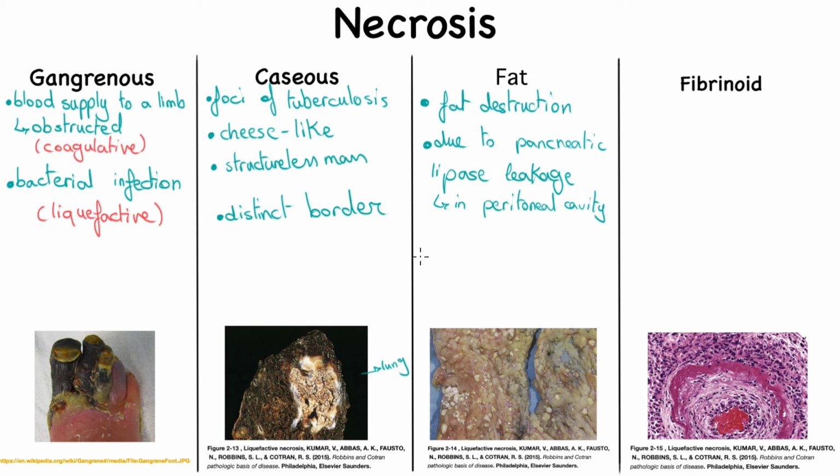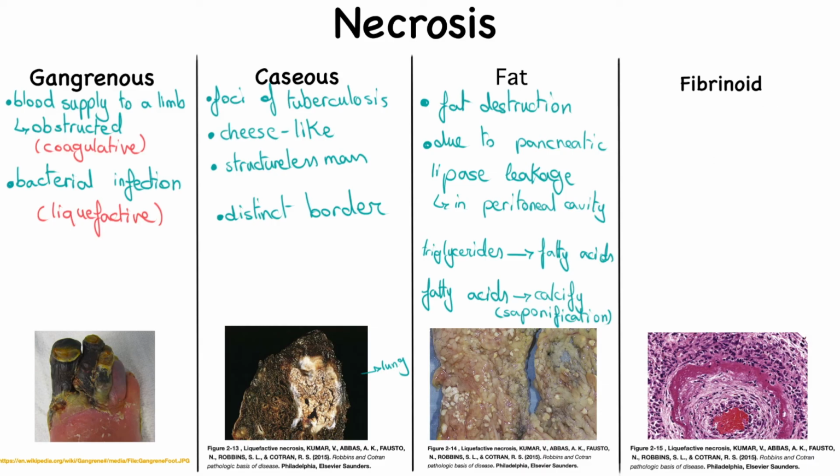So the lipases liquefy the fat cells, converting the triglycerides into fatty acids. The fatty acids react with the calcium and they create these grossly visible white areas of saponification that actually can help the pathologists and the surgeon to identify the situation better.